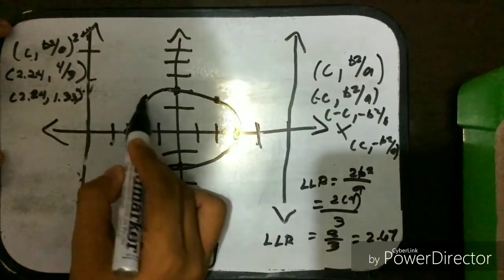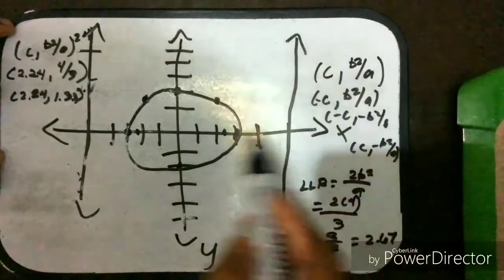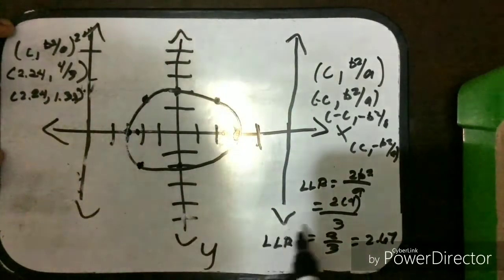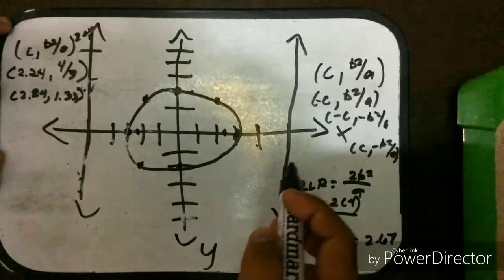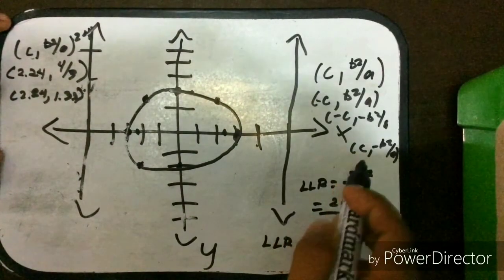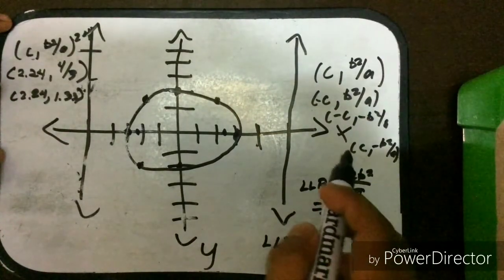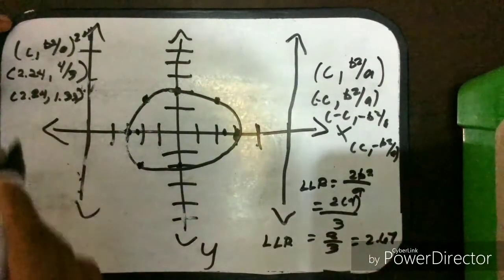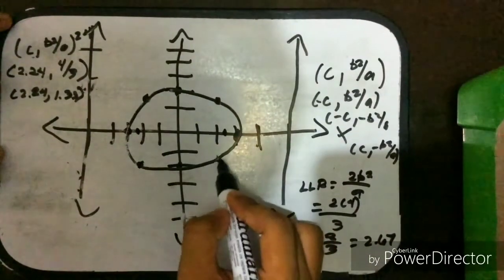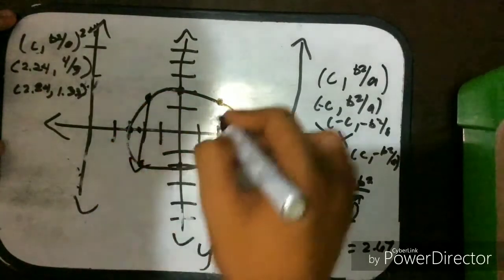And for negative C and negative B squared over A, you only need to put the negative sign on both. For the last one, quadrant 4, the coordinates of the latus rectum are positive C and negative B squared over A. So, positive 2.24 and negative 1.33. So, these are the coordinates of your latus rectum.